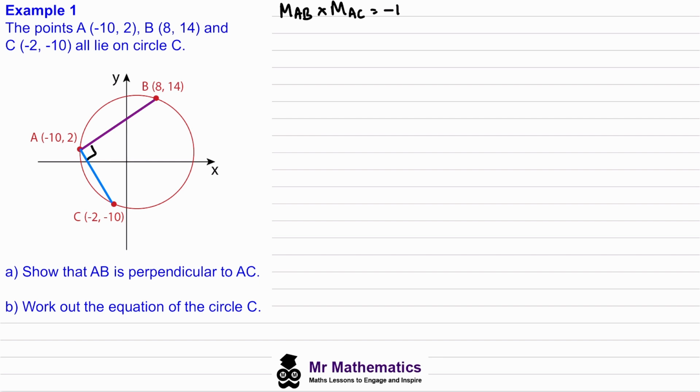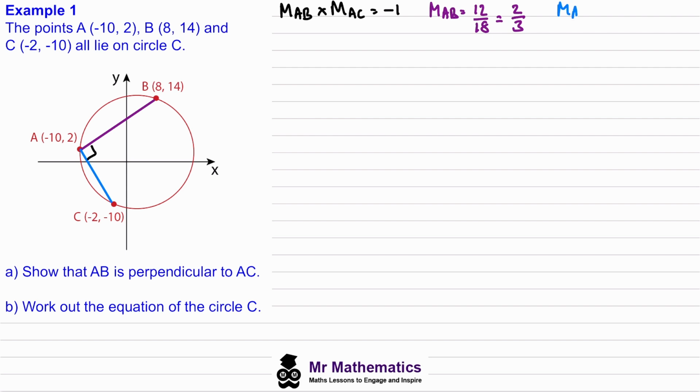So what we'll do then is we'll use the coordinates of these endpoints to find the gradient of each of these chords. So the gradient of A to B will be the change in y, so between 14 to 2 is 12, divided by the change in x, between 8 and -10 is 18, and this will give us 2/3.